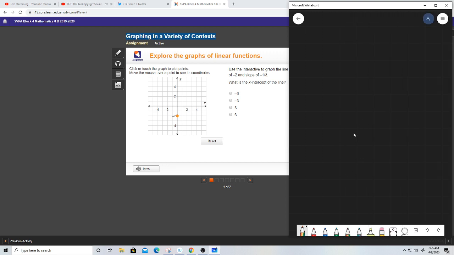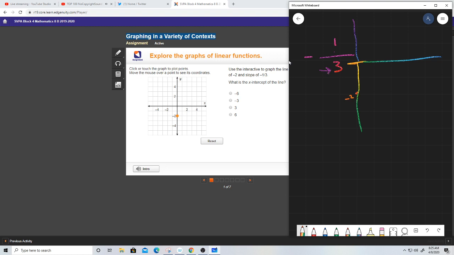So just know that when you have a slope and it says -1/3, no matter where I start, in this instance it's -2, it means we're gonna go right 3.